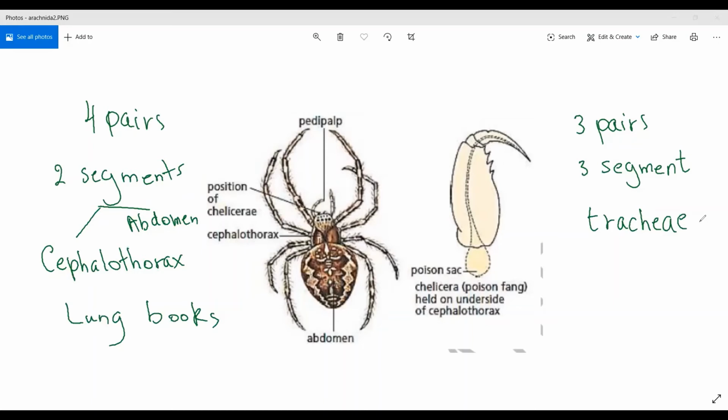The insects have 3 pairs of jointed legs, while the arachnids have 4 pairs of jointed legs. The body of the insect is divided into 3 segments, which are head, thorax, and abdomen, while the body of the arachnid is divided into 2 segments, the cephalothorax and the abdomen. Insects breathe by tracheae, and the arachnids breathe by lung books.